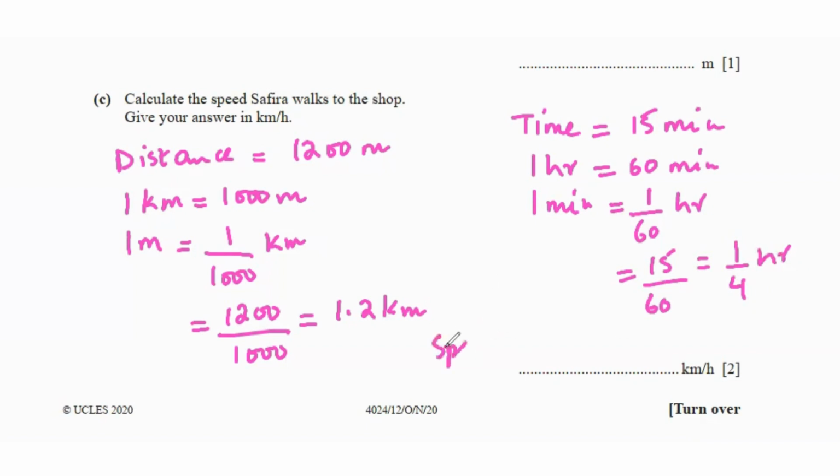So speed is distance over time. So 1.2 divided by 1 over 4. 1 over 4 is 0.25. And that is going to equal 4.8 kilometers per hour. You move the decimal 2 places. So 120 divided by 25 is 4.8.